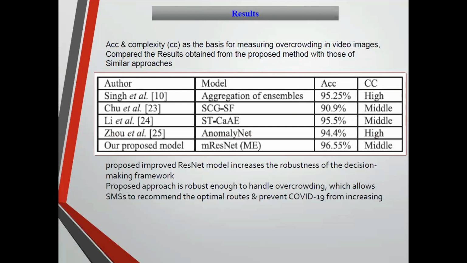Next, you see that Et al. proposed the STCAE model for overcrowding cases, with 95.5% accuracy, and the computational complexity is middle.